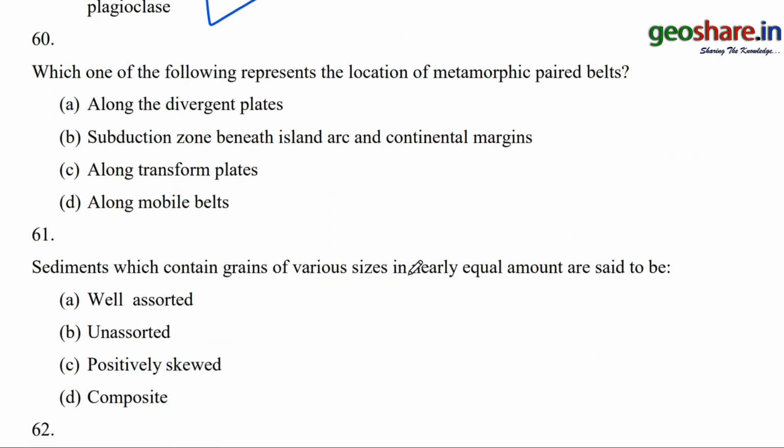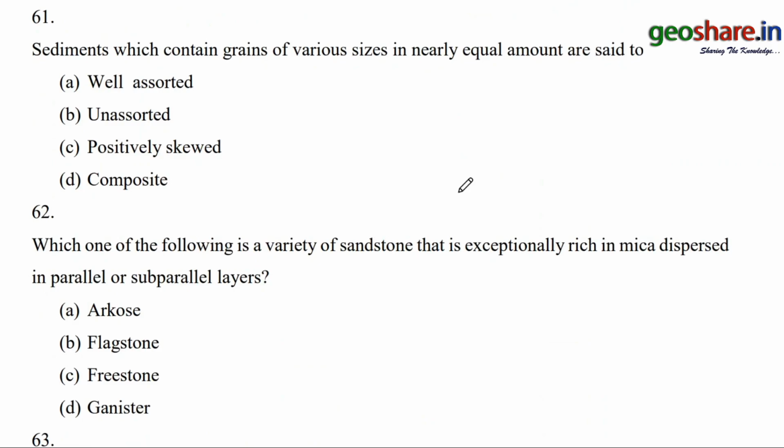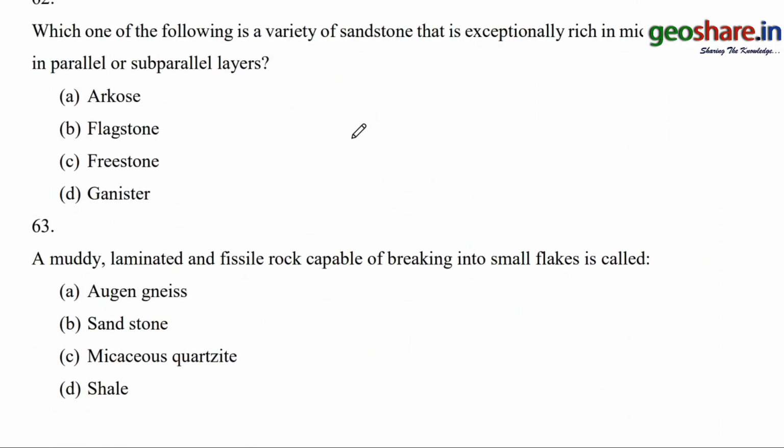Which one of the following represents the location of metamorphic paired belts? Subduction zone beneath the island arc and continental margin. Sediment which contains grains of various size in nearly equal amount is said to be unsorted.